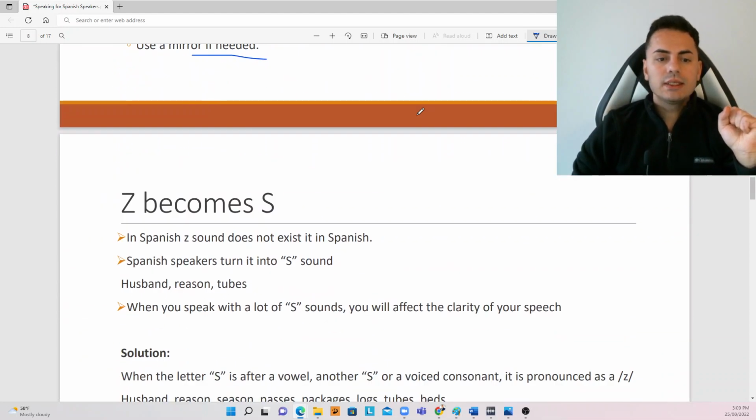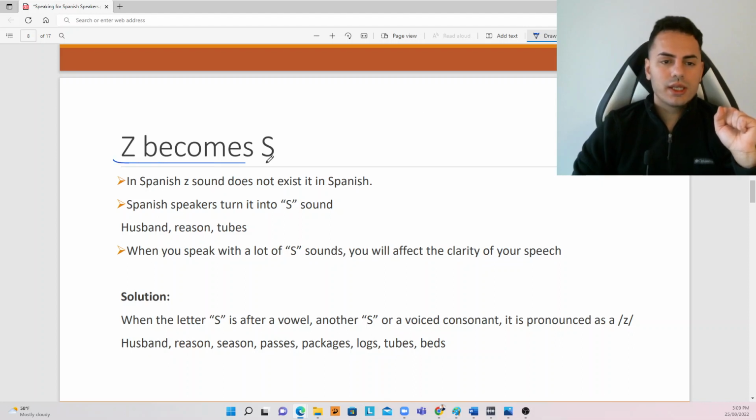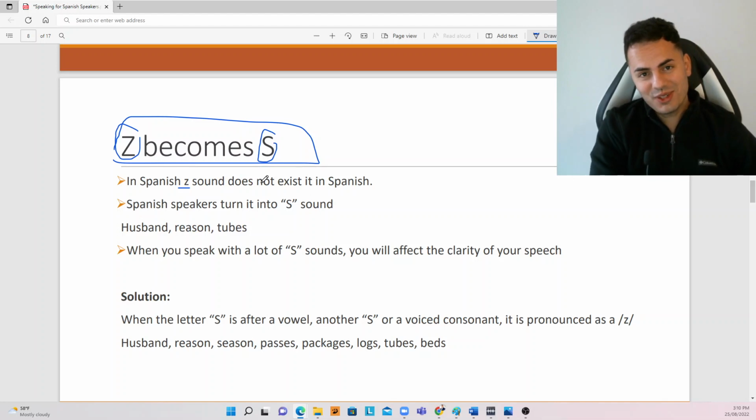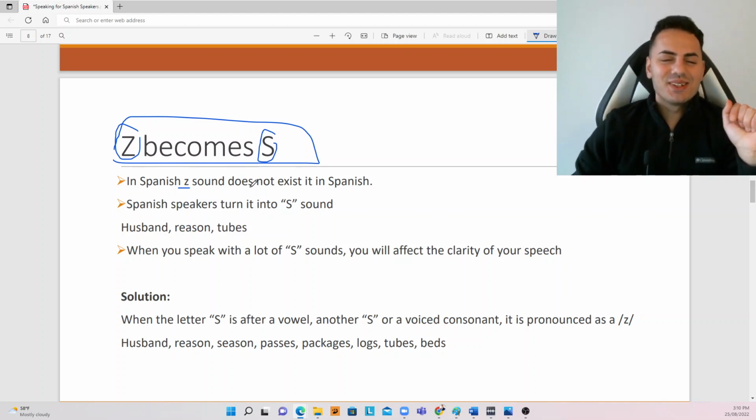Alright, another issue, this issue is a casual mistake, I would say. The sound Z becomes S. In Spanish, the Z sound doesn't exist.